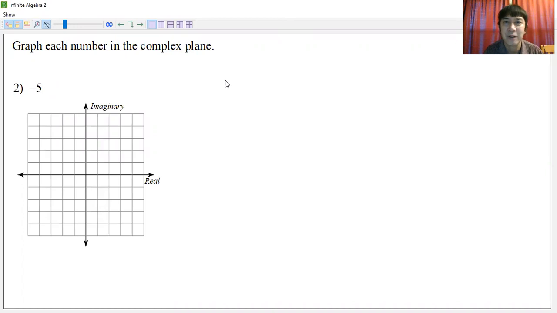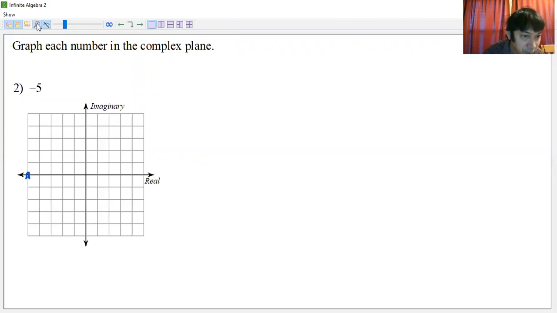Here is the second number. Graph each number in the complex plane. This is only a real number part. There's no imaginary part, so we can plot this at this location. That is the -5. We can verify that easily.